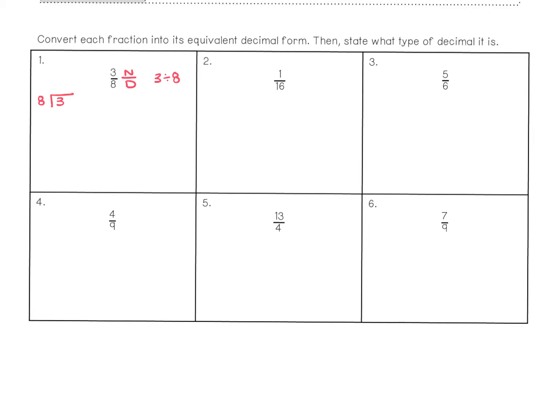So 8 does not go into 3. So I'm going to add a decimal and add a 0. Now I know that 8 goes into 30. 8 goes into 30 3 times. And then I'm going to multiply that 3 times 8 to get 24.